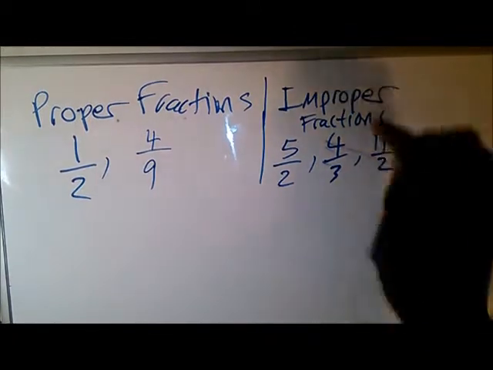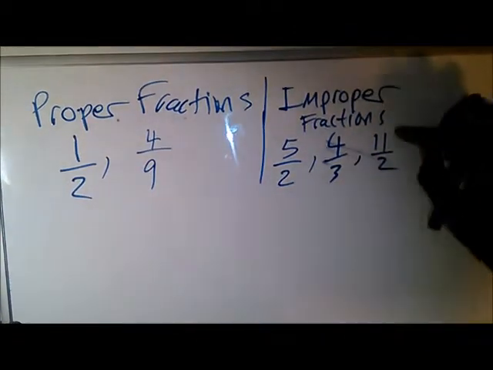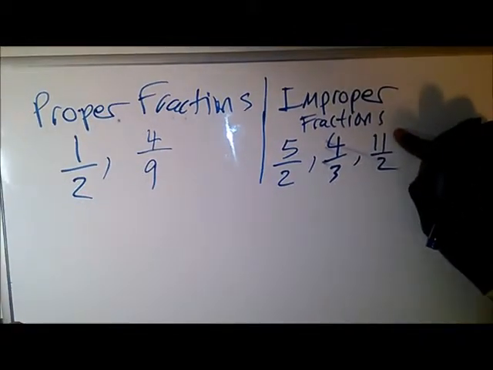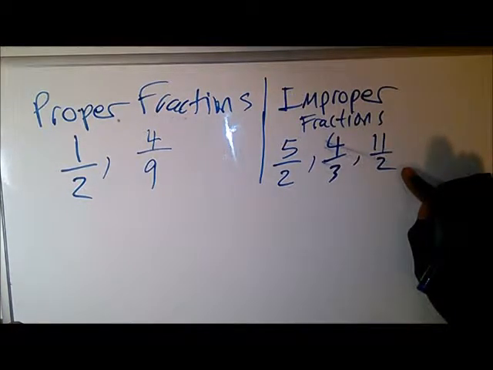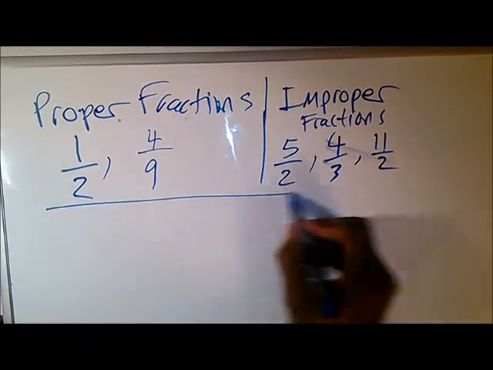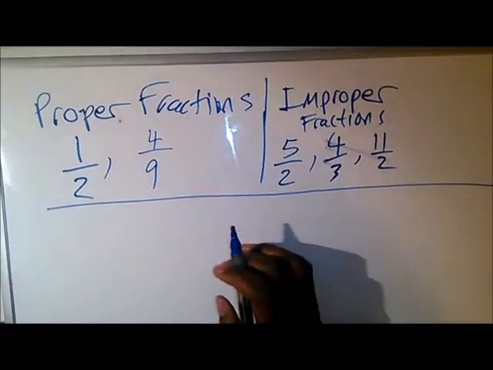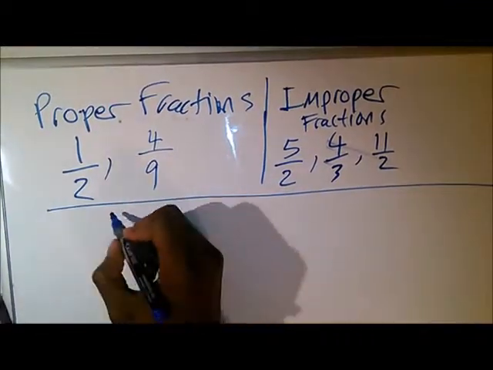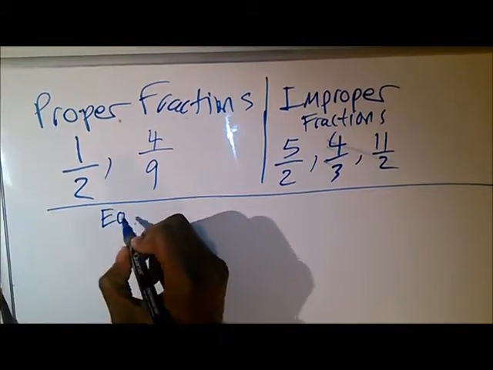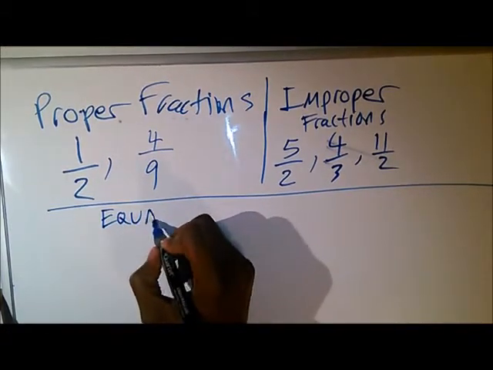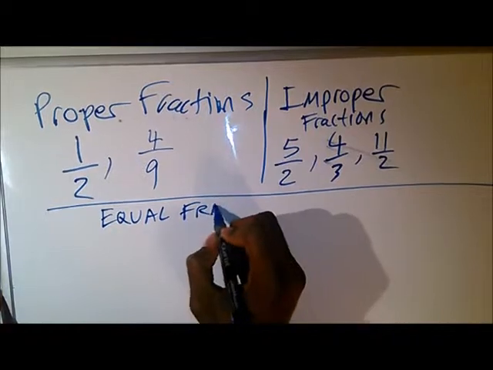And basically with improper fractions, the numerator is greater than the denominator. And let's call this next one, it's not the proper name, but for this lesson, let's call it equal fractions.